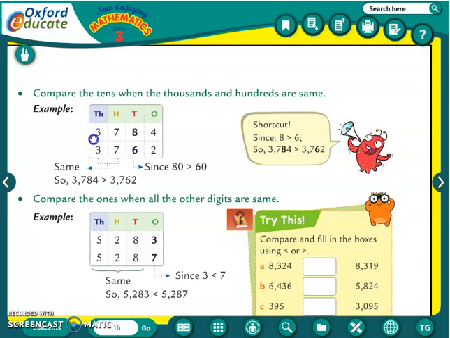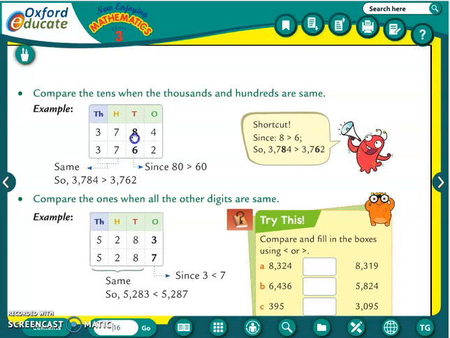Here two numbers are given, 3784 and 3762. So now as we are seeing that at the thousands place and at the hundreds place both the numbers are same, so we will compare tens place, that is 8 and 6.